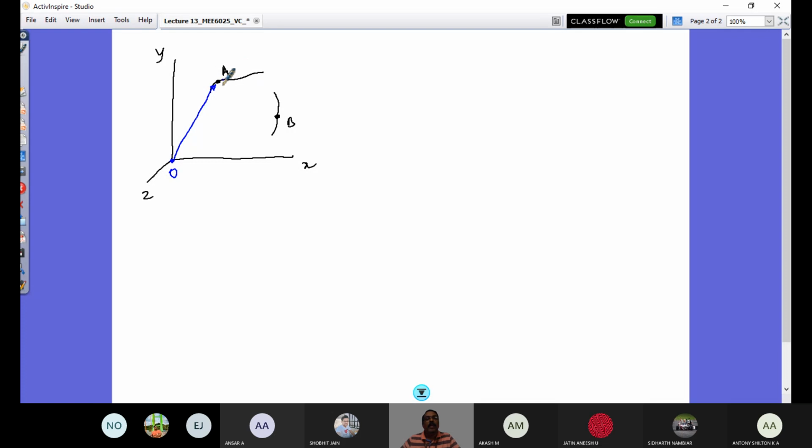With respect to this reference, I can give the position at any point of time. Where is vehicle A located? That would be the RA vector. The RA vector would be xa i plus ya j plus za k. So it's a position vector. The coordinate here at any time t, that is another concept of mechanics.